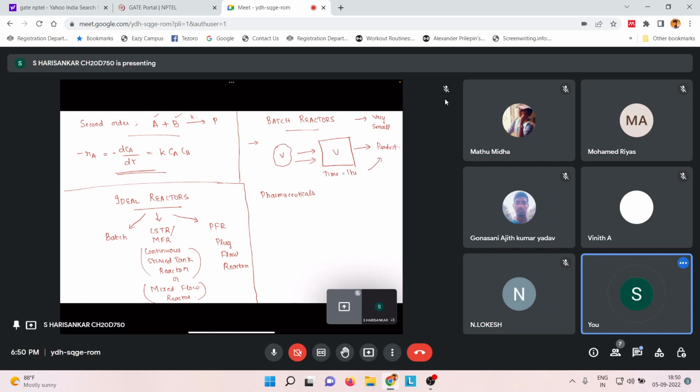Let us move on. So we have a batch reactor with the volume V. Let's say Na is the number of moles fed into this system. Let me redraw this.